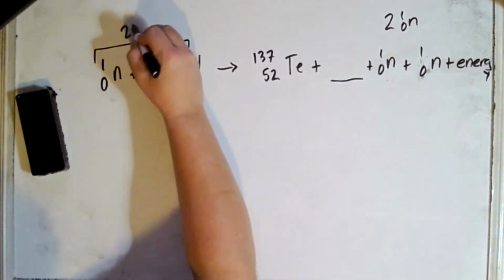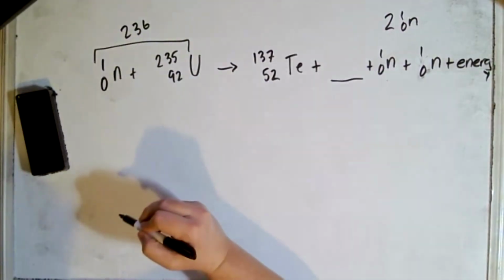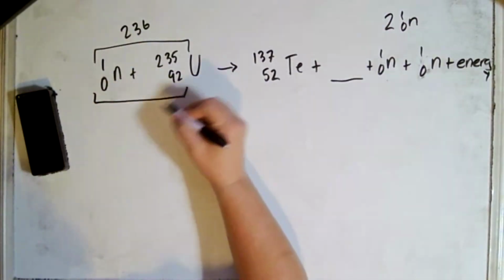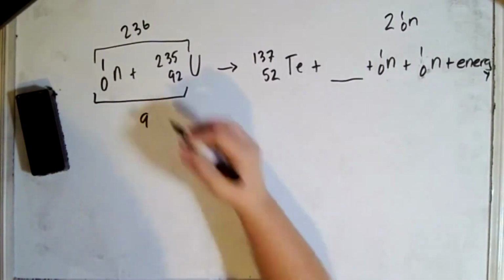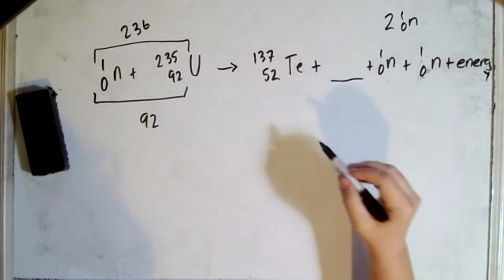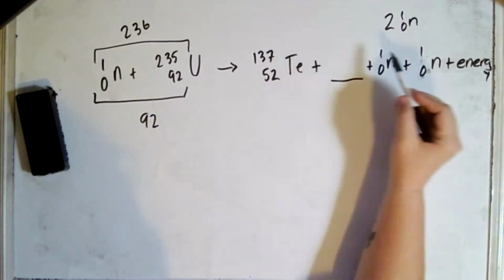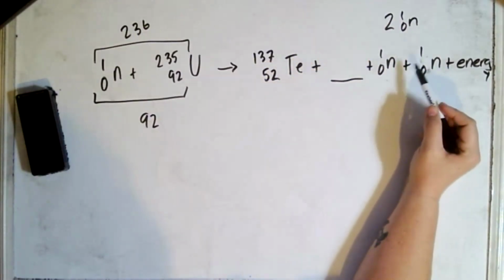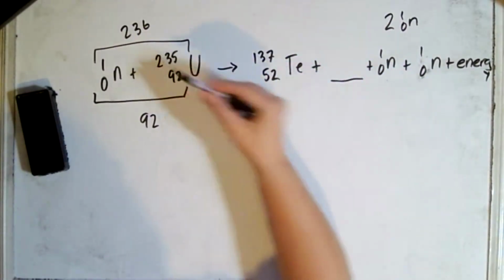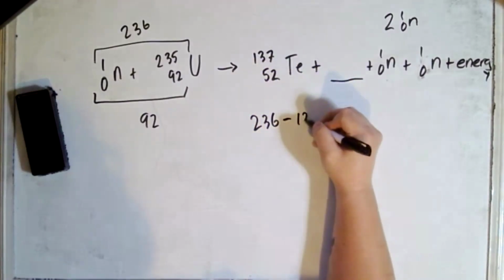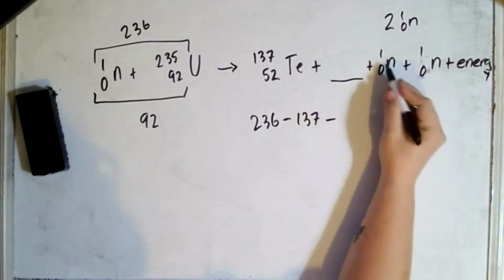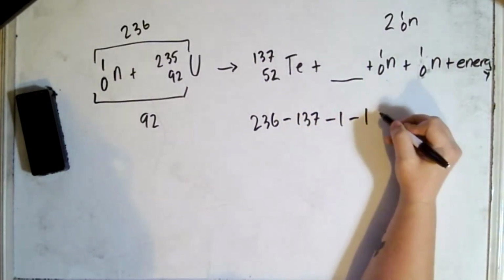Now what's up here? We have 236 total. Down here, we have 92 total. Now when we look up at our mass numbers up top, I'm going to do 236 minus 137 minus 1 minus 1.